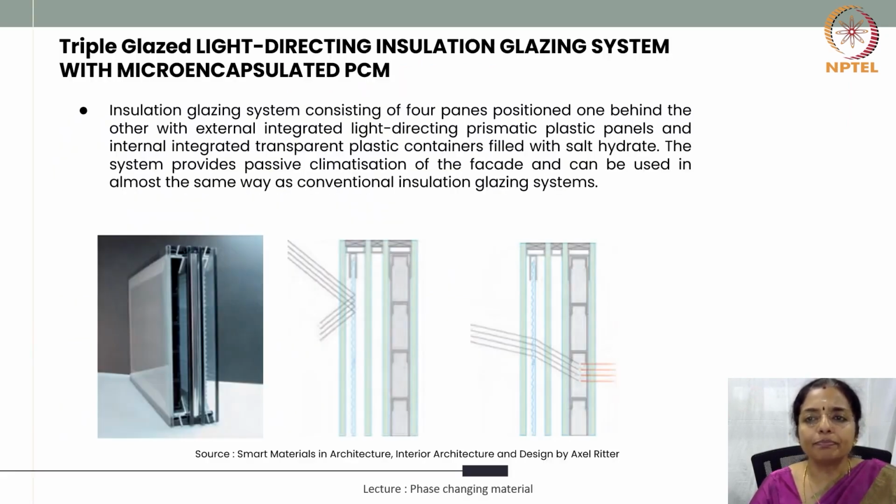So, what is this triple glazed light insulating glazing system with micro encapsulated PCM? It is an insulation glazing system consisting of 4 panes positioned one behind the other. So there are 4 panes, 1, 2, 3, 4, giving us 3 cavities.